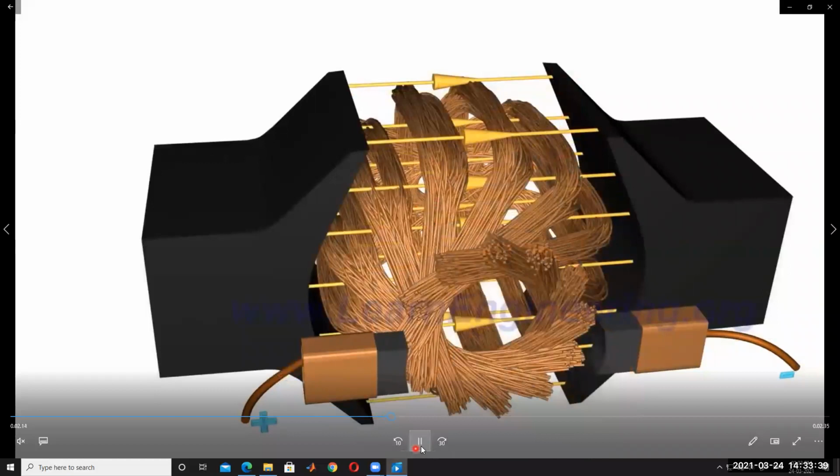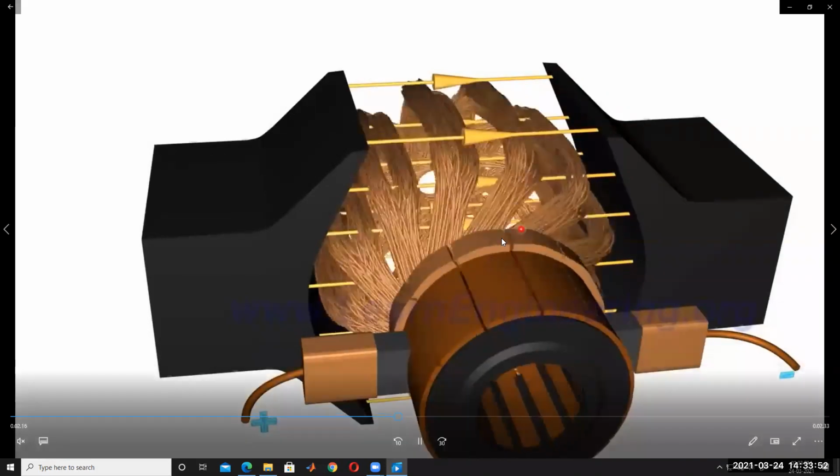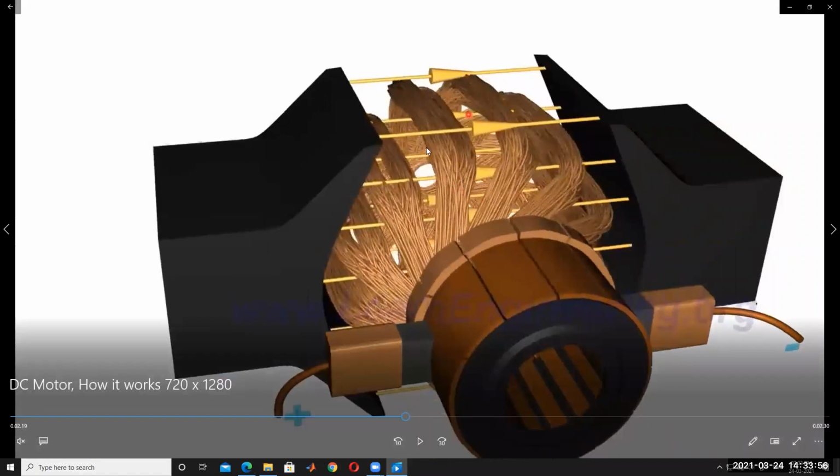The armature winding is constructed in this manner, with more slots and commutator segments, and then the rotor rotates smoothly without vibrations. This is the current carrying conductor, called the armature winding, placed in a stationary magnetic field. It experiences a force and rotates like this. The brush contacts the commutator segments like this. These are called brushes.